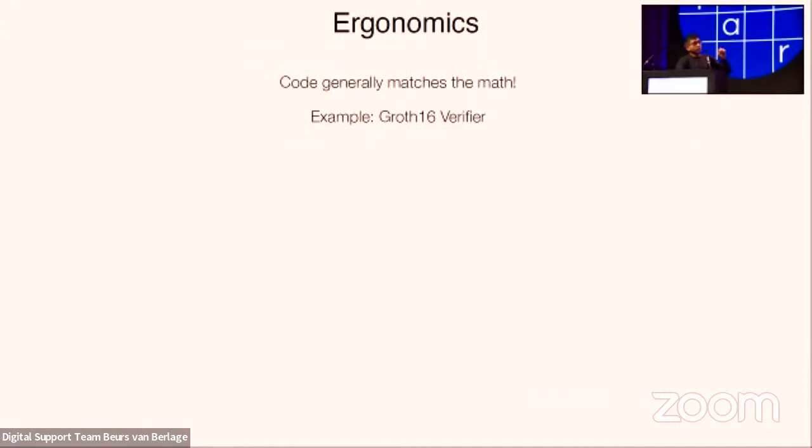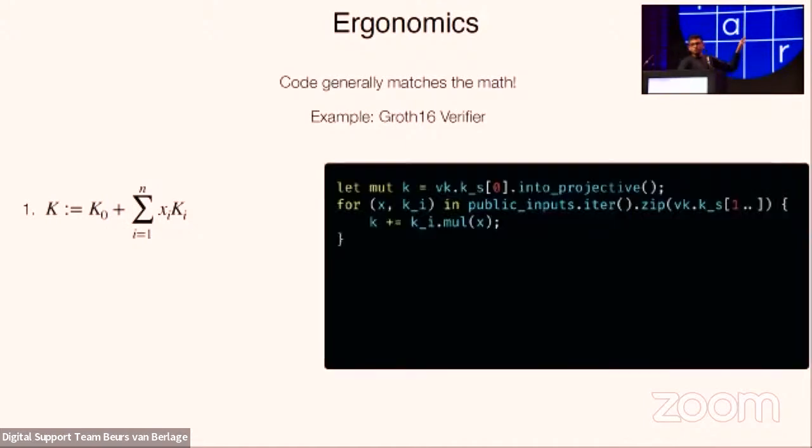From the ergonomics perspective, as I said, the goal is that we want our actual code to map very closely to our pseudocode, right? This helps auditing, it helps bug fixing, and generally makes life simpler. So let's take the example of the Groth16 verifier algorithm. And what we see is that it consists of 2 steps. The first one does the multiscalar multiplication, and the second does some pairing products. The code looks almost exactly like the pseudocode.